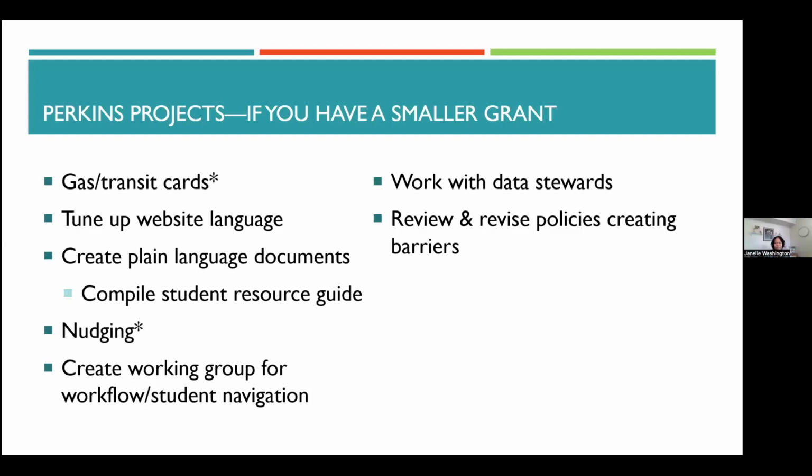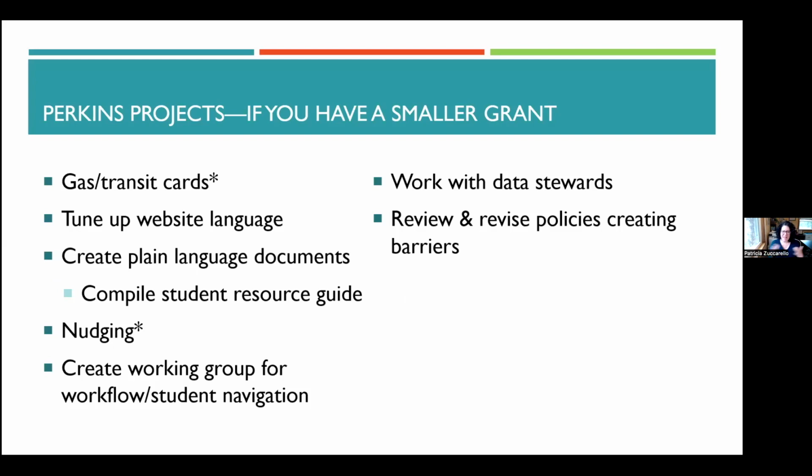So the other thing that we wanted to highlight was there's no set dollar amount for Perkins grants. When you look across the state of Illinois, because Illinois uses a formula to calculate how much each institution gets, your institution may get $200,000 for Perkins. It may get close to $1 million for Perkins.